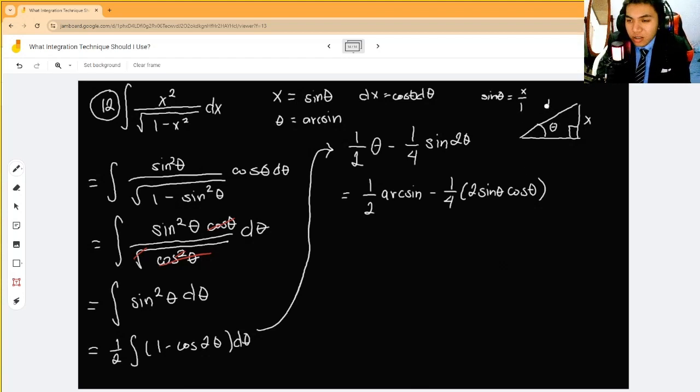Okay, and then to compute for b, we just use the Pythagorean theorem, which states that b is equal to the square root of c squared minus a squared. So this is just the square root of 1 minus x squared. And you see where the arcsine comes from? Yeah, this is that.